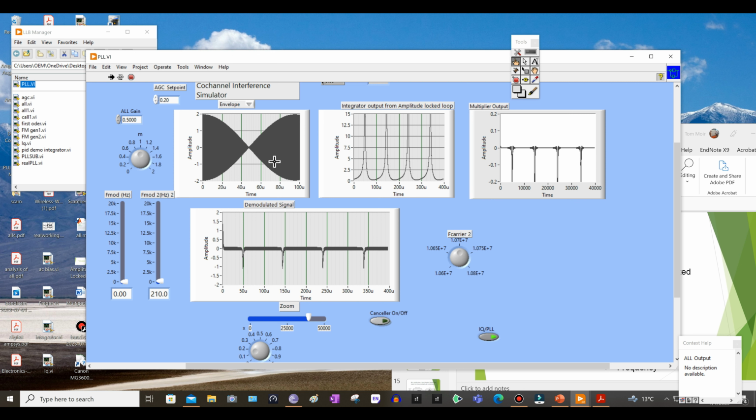It's the sum of two cosine waves, in this case, or sine waves. Notice the phase lock loop output has got these interesting spikes which appear as we go past 1. In other words, when the interference is bigger, it flips in the other direction.